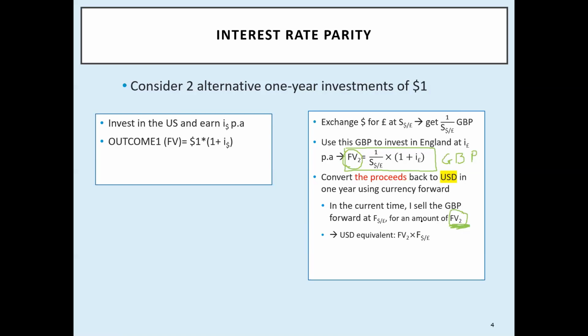If I sell the pounds forward at this forward rate, which is the price of the pounds in the USD for a 1 year forward contract, then I have the pounds, so this is my pounds.